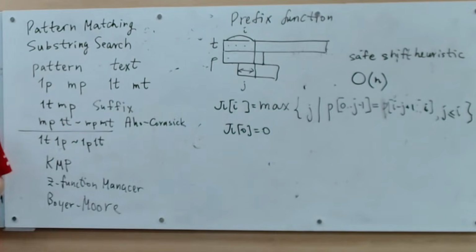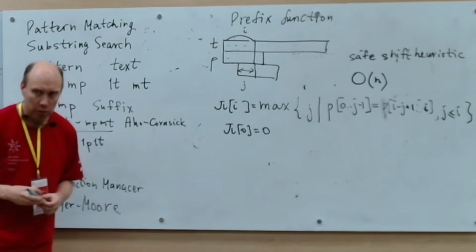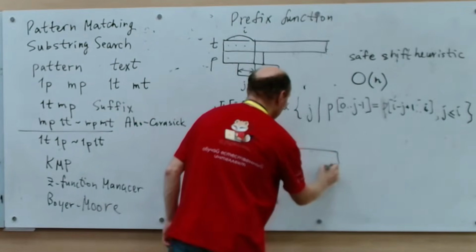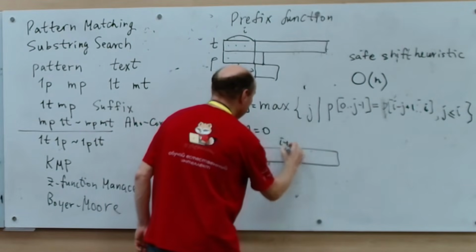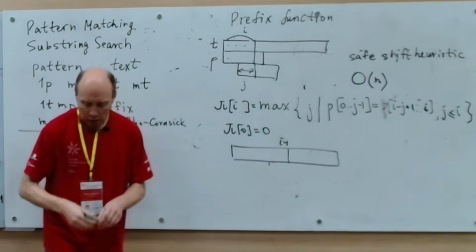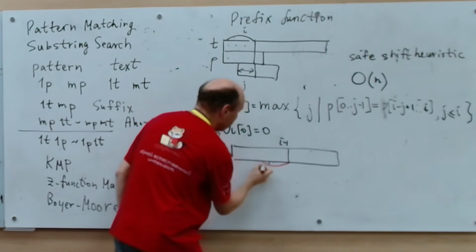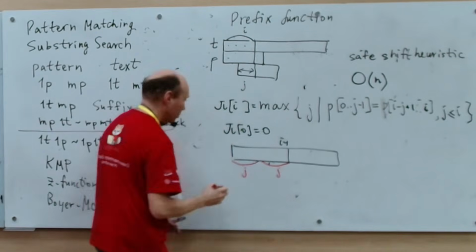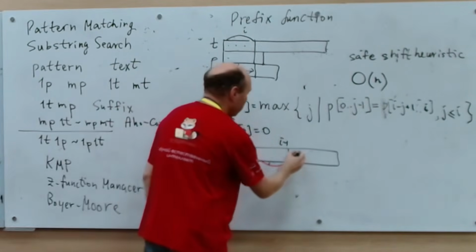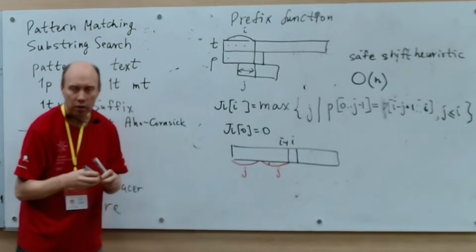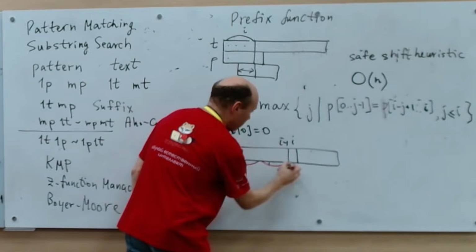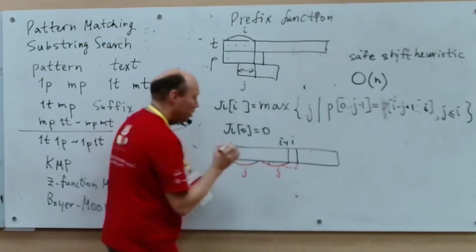So now, how can we calculate the value of P for greater values? So let's see. So we have P for I minus 1. Now we are adding character number I. And what would it be added to this?